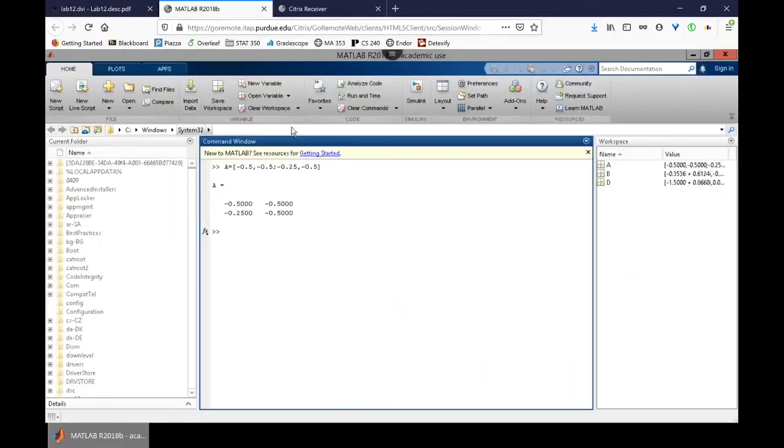Alright, so again, we have our matrix here, A, and we will have V, D equal to the eigenvalues and eigenvectors of A. So, as you can see, we have our eigenvalues of minus 0.1464 and minus 0.8536. And since they're both negative, our origin for this system is indeed a sink.